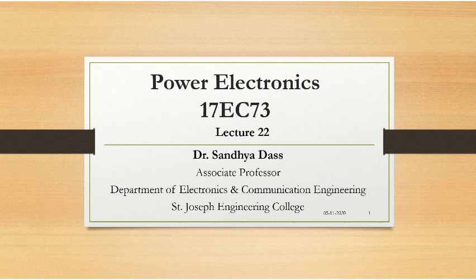Just to recall, we are discussing phase control rectifiers. In the previous class we discussed the half wave phase control rectifier, right? Unlike diode rectifiers, phase control rectifiers have the advantage of controlling the output voltage.